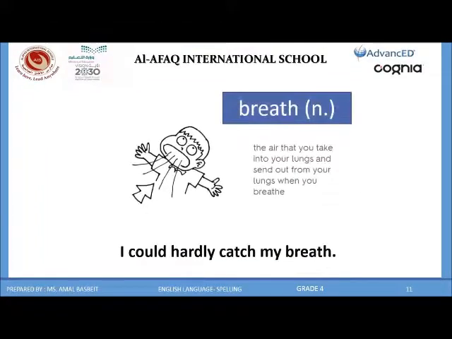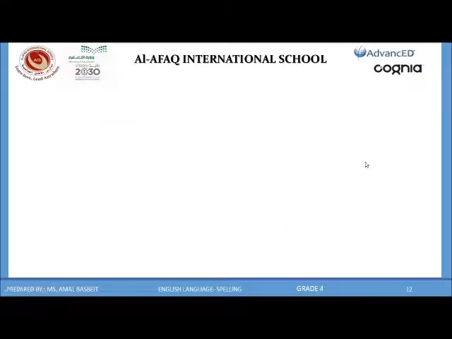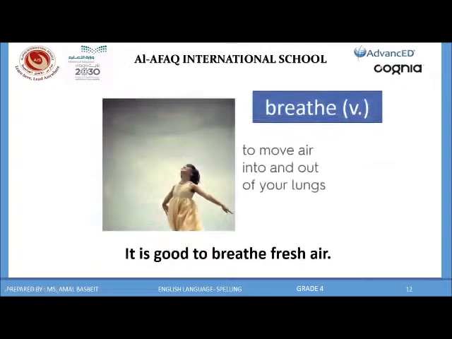Next word, breath. It means the air that you take into your lungs and send out from your lungs when you breathe. I could hardly catch my breath. Now here is the same word as the previous one, but it has an ending, and it means to move air into and out of your lungs, and the part of speech of this word is verb.